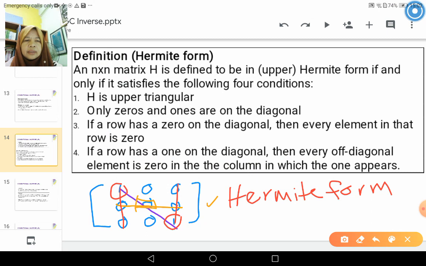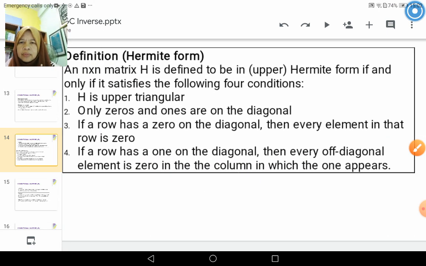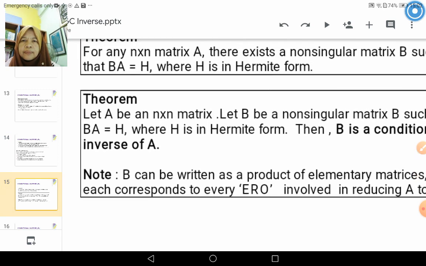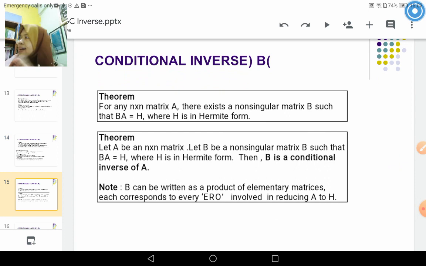Okay, so we continue. We have a theorem: for any n times n matrix A, there exists a non-singular matrix B such that BA equals H, and H is in Hermite form.